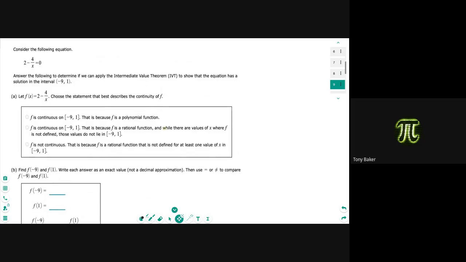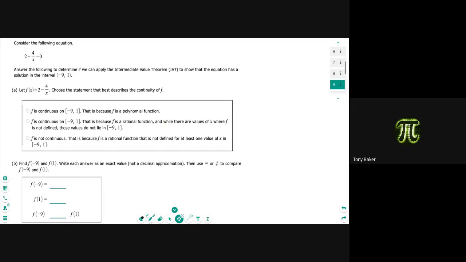So first and most important piece: is this function continuous over the interval negative 9 to 1? Why?